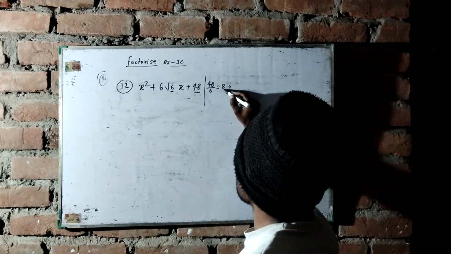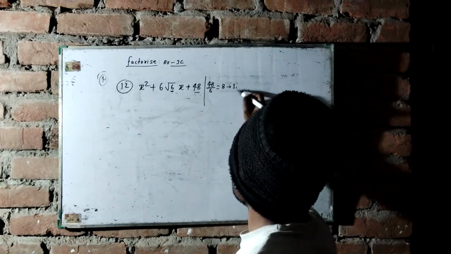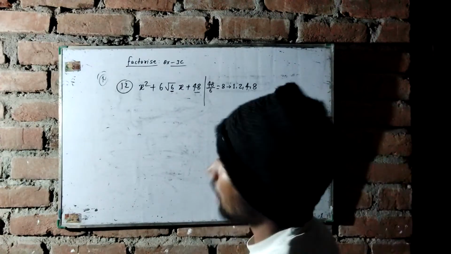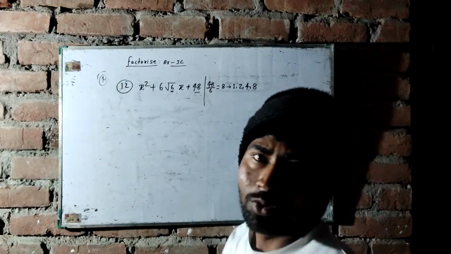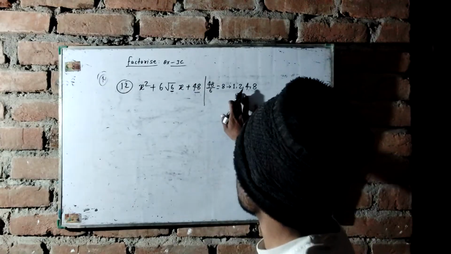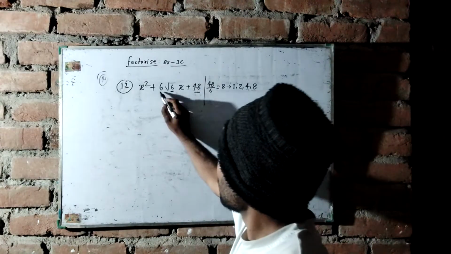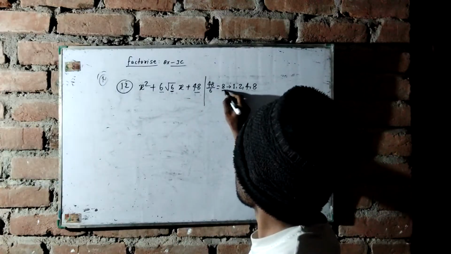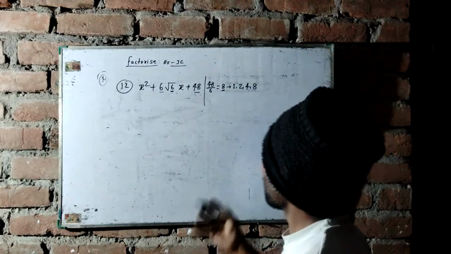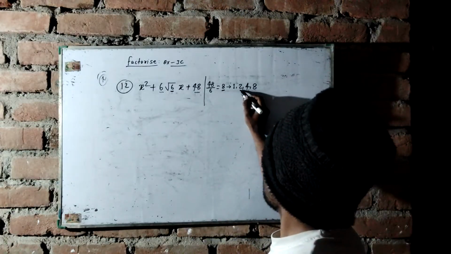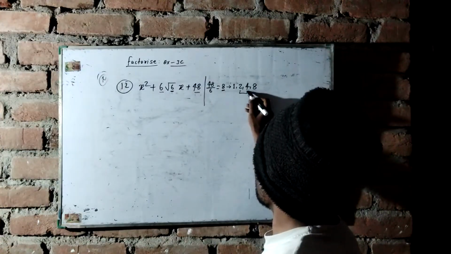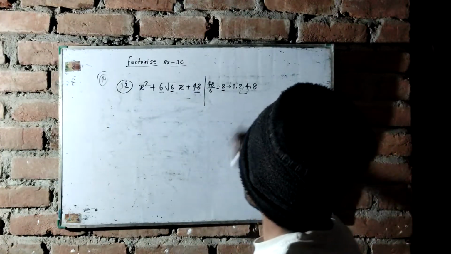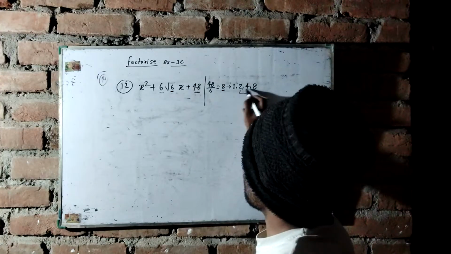So, all factors of 8 will be 1, 2, 4 and 8. Now we have to choose two numbers whose sum will be 6 and their product will be 8. So we can consider here two numbers 2 and 4, whose sum will be 6 and their product will be 8.